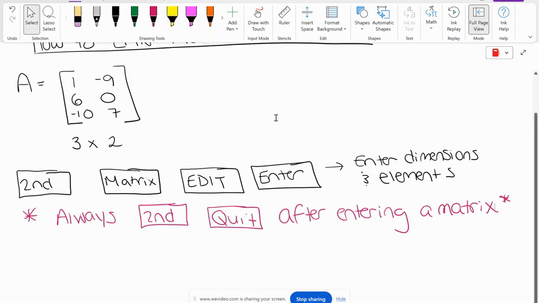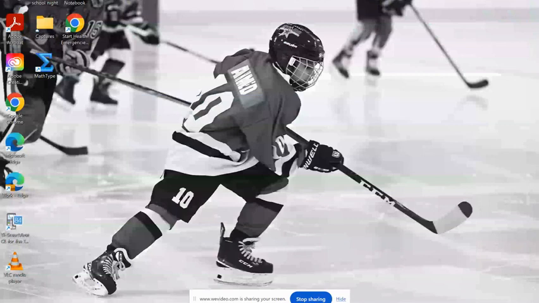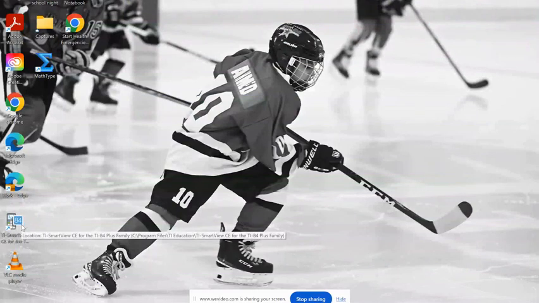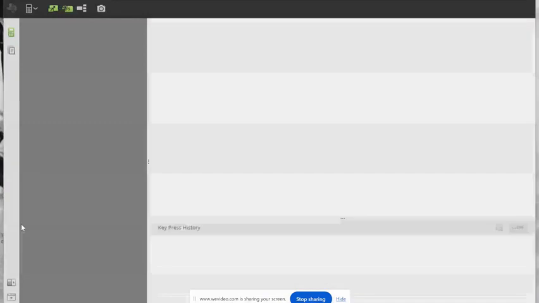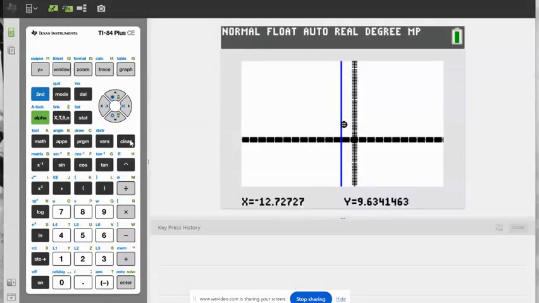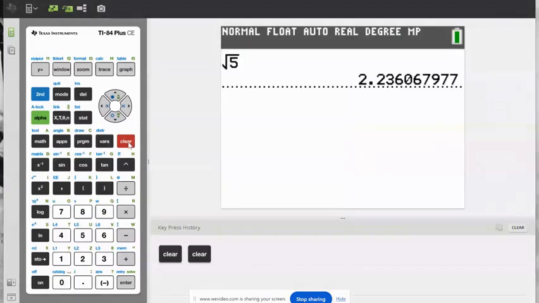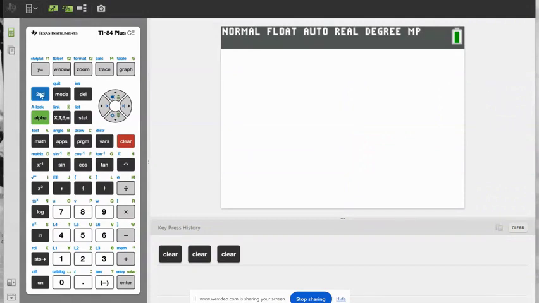Okay, so now let's go to our calculators. And we are going to enter in this matrix. So we're going to press second, and then you're looking for the matrix button.